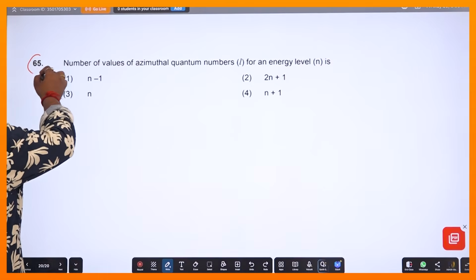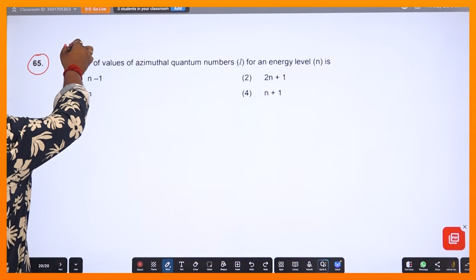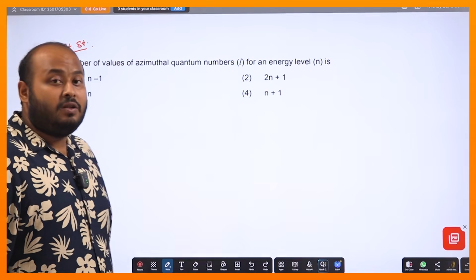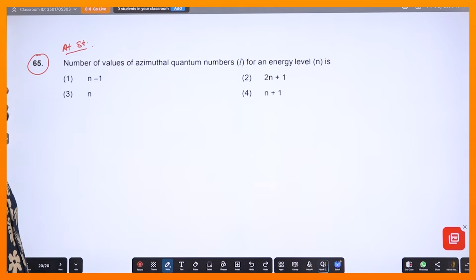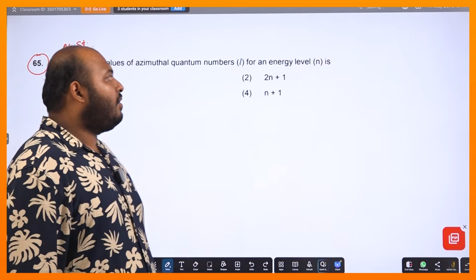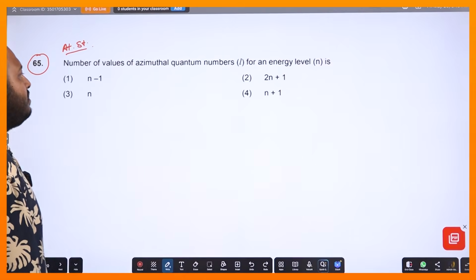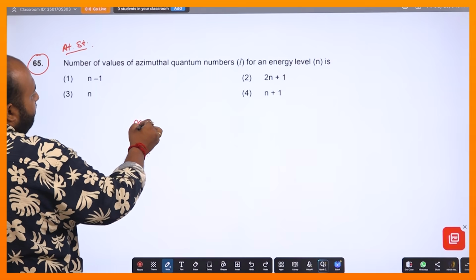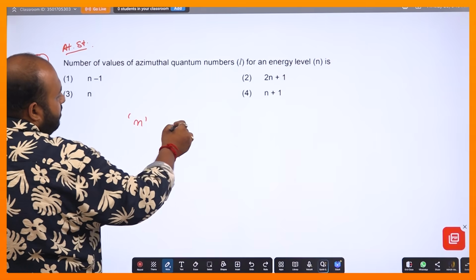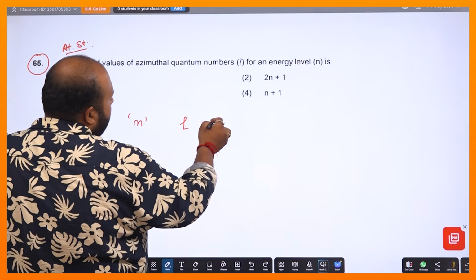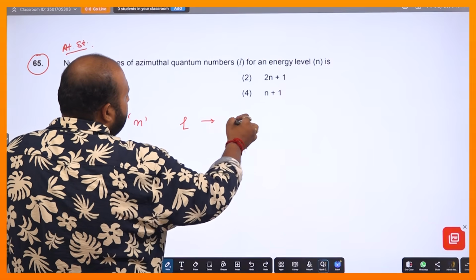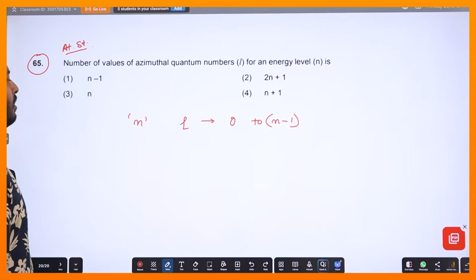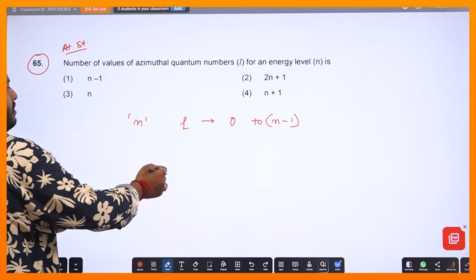So this is a question from atomic structure. It is asking the number of values of azimuthal quantum number L for an energy level N. We know that for a given N value, the principal quantum number, the L values range from 0 to N minus 1. Suppose we take an example to understand.